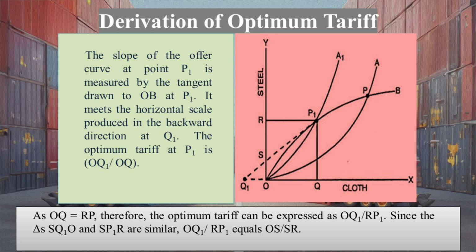So here the portion OQ, the horizontal line equal to cloth, is also equal to RP1. Since the triangles SQ1O and SP1R are similar, hence OQ1 divided by RP1 is equal to OS divided by SR.